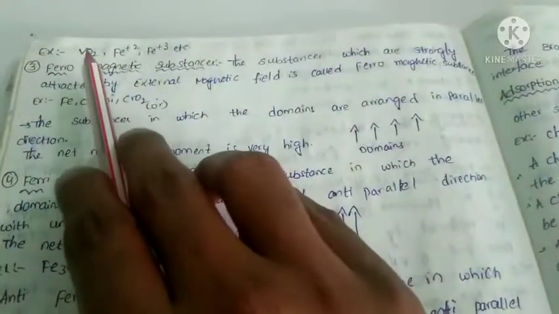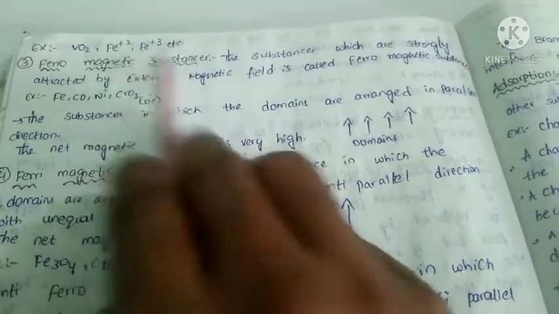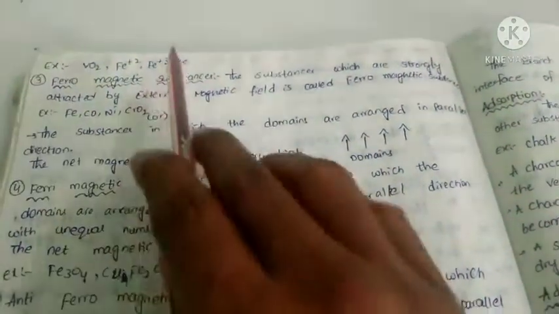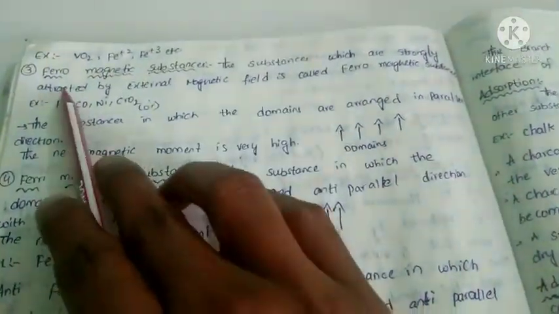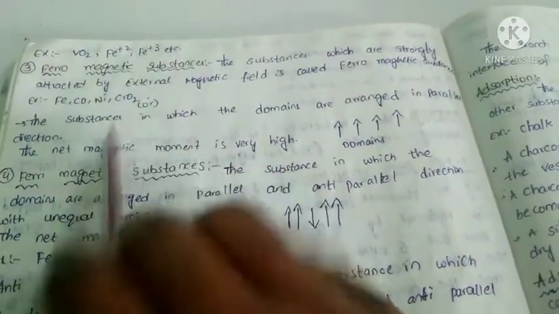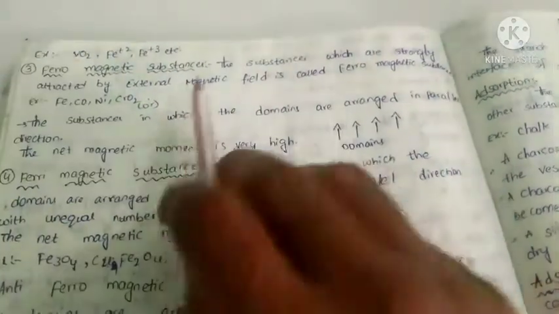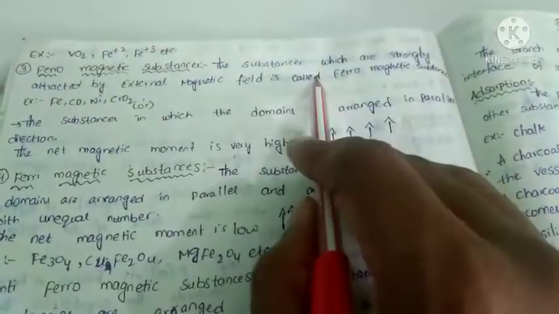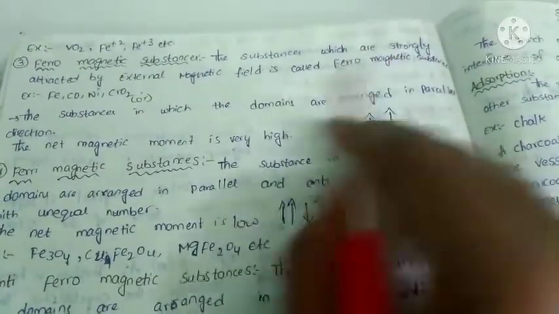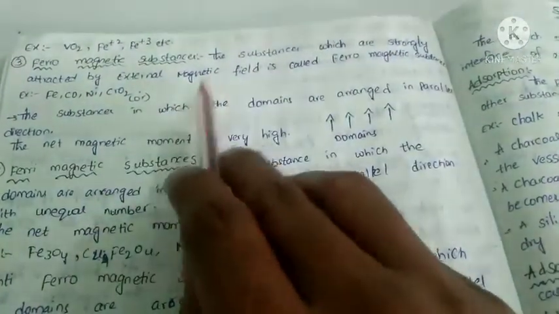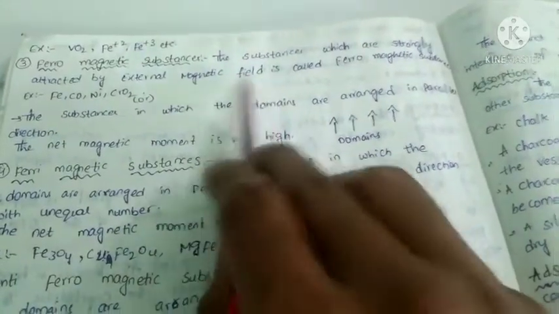For paramagnetic substances, the examples are VO2, Fe+3, Fe+2, because they contain unpaired electrons. Next, ferromagnetic substances. These three definitions are new definitions. Ferromagnetic means the substances which are strongly attracted by external magnetic field. Strongly attracted.